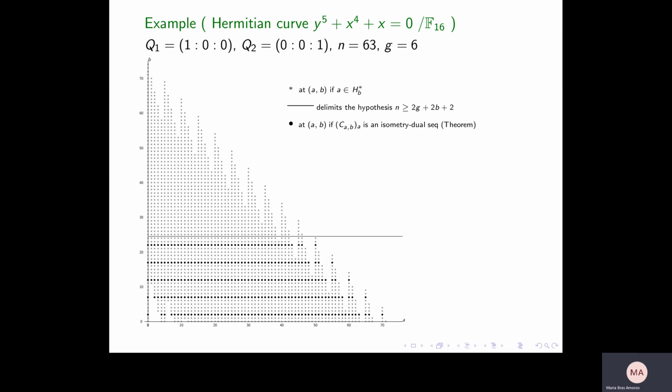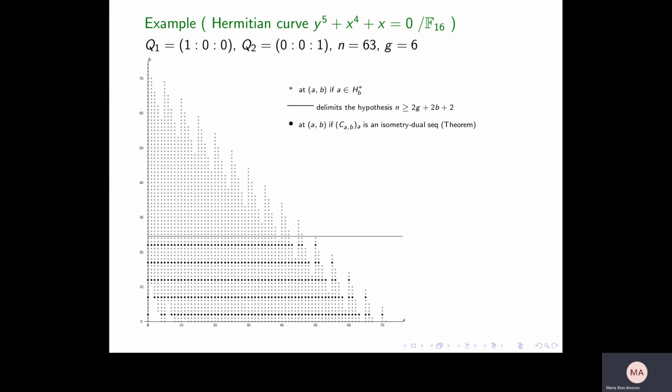What the previous theorem stated is that the b's for which we have an isometry-dual sequence of codes, that is, the b's for which this horizontal line corresponds to the indices of the codes in an isometry-dual sequence of codes, are exactly those b's for which n divides twice b plus 1.